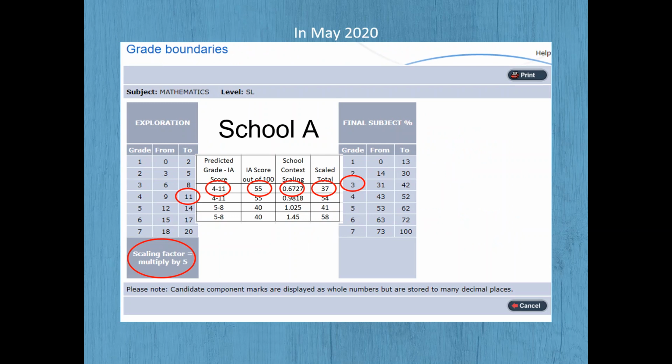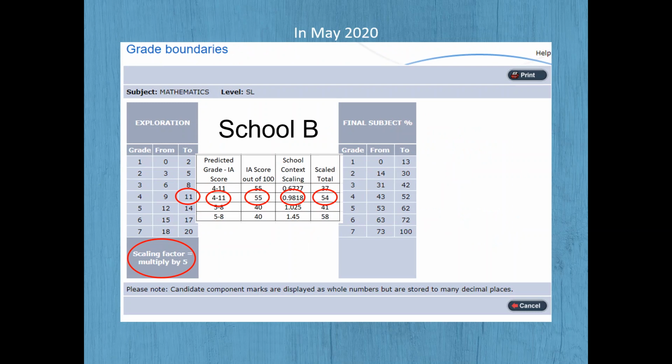That's at School A. Down the road at School B, a student receives the same internal assessment score, again scaled by 5 to get out of 100. Again, that's a 55. That's a combination of 4 and 11, the same at School B as it was at School A. But School B's school scaling factor is going to be 0.9818.